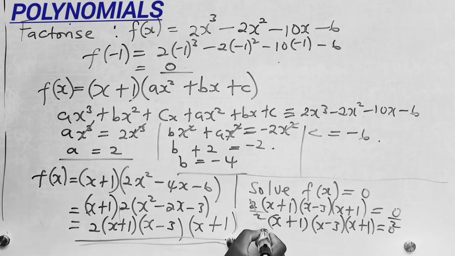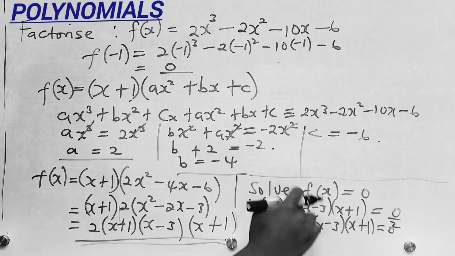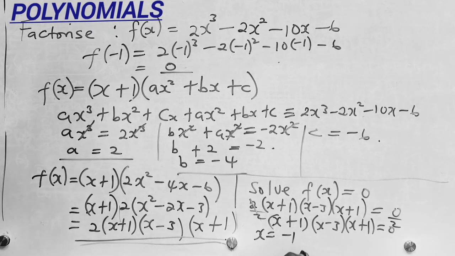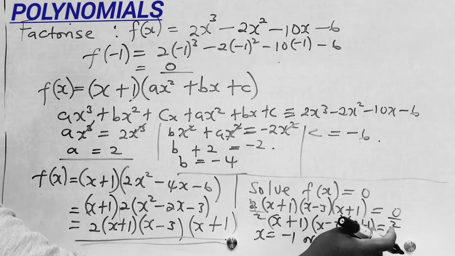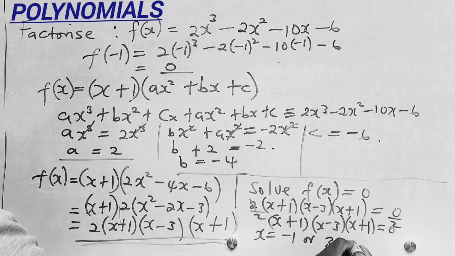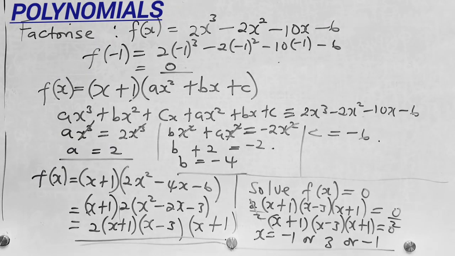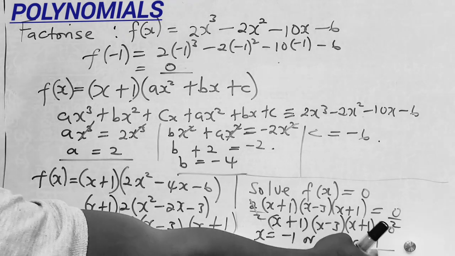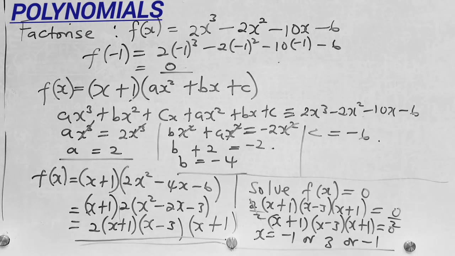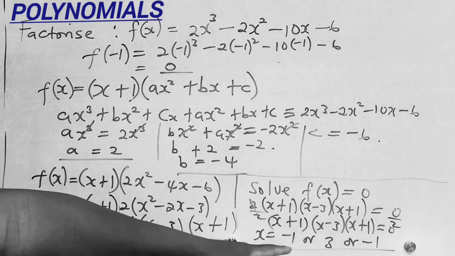So our answers will be x is equal to, this one will go to the right hand side to get minus 1, or 3, or minus 1. That's our answer. So you can see minus 1 is a repeated root. So we can write it as minus 1 twice, or 3.